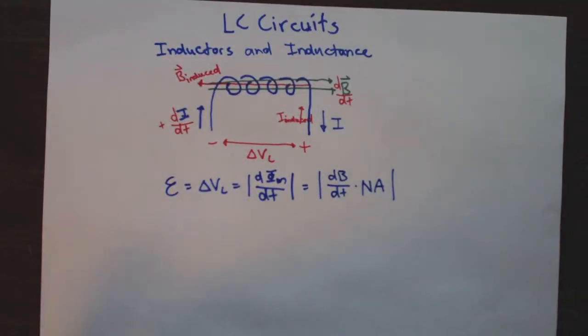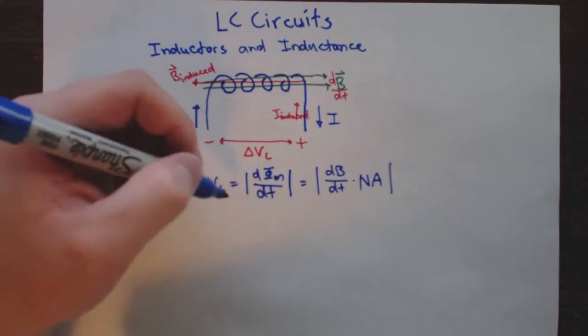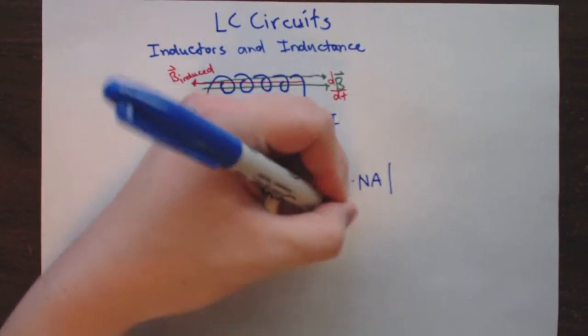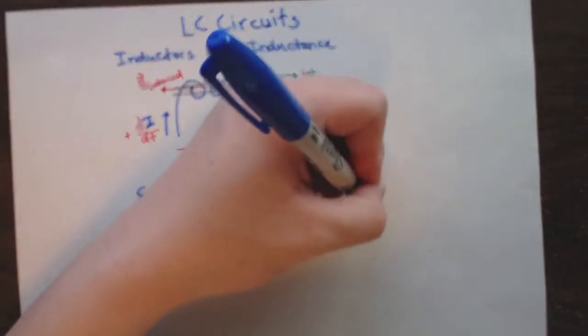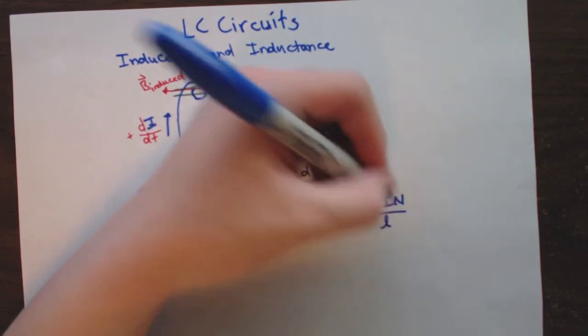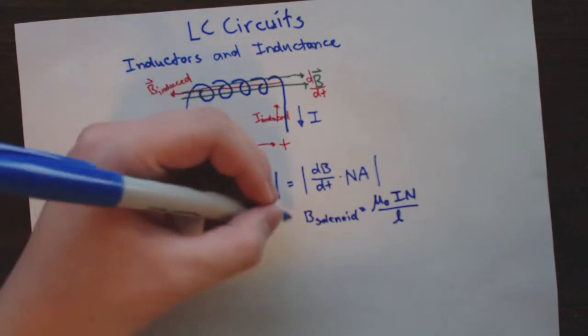And so since the area is not changing, it's only the field that's changing. You can break your flux up into the magnetic field part and then the area part, and there are N loops. So, however many loops there are, that's how many times your field is crossing that many loops, right? So it's N times A. Now the field, we've done this before.